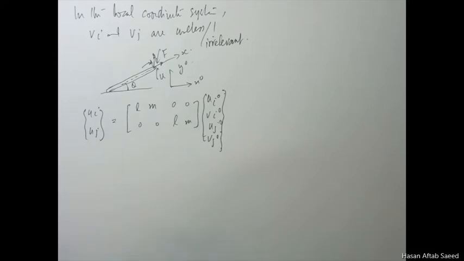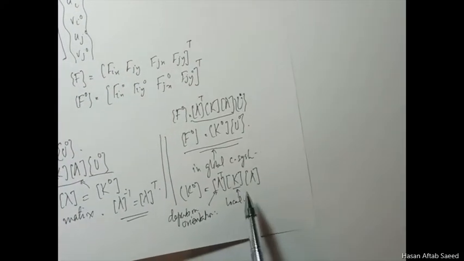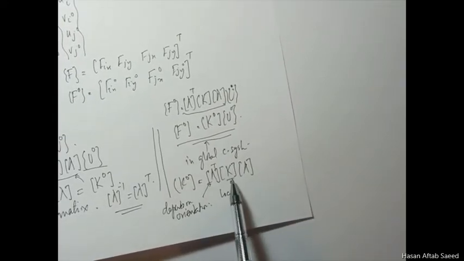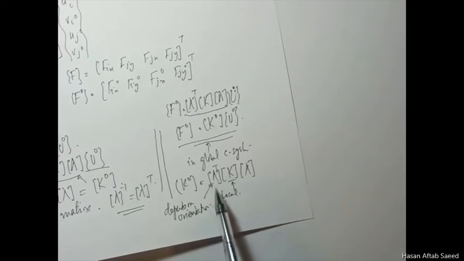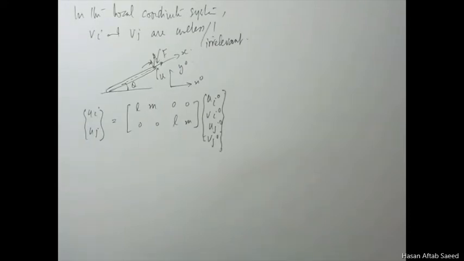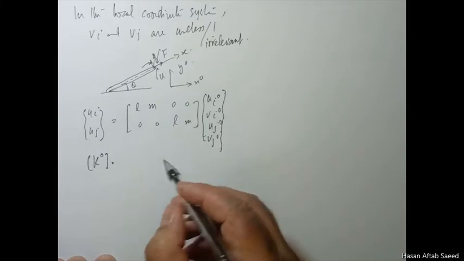And if we now go back to this equation, how to calculate from the local coordinate system your k, which is very easy. We know AE over L, 1 minus 1, minus 1 1, and how to convert this using this to the global stiffness matrix is very easy. Just put in the values here.